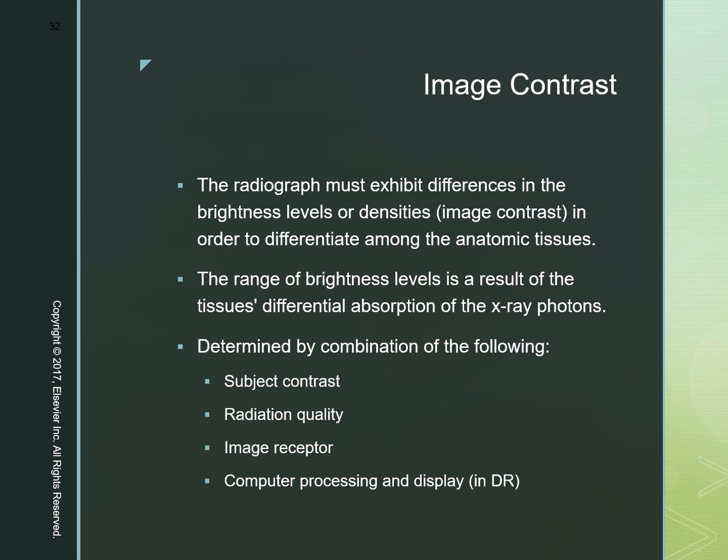A range of brightness levels is a result of the tissue's differential absorption of the X-ray photons as well as the spectrum of the X-ray photons we've produced. So the image contrast is really determined by a combination of subject contrast in the body, radiation quality or energy, the image receptor and the number of grays it's able to represent, as well as the computer processing and display.